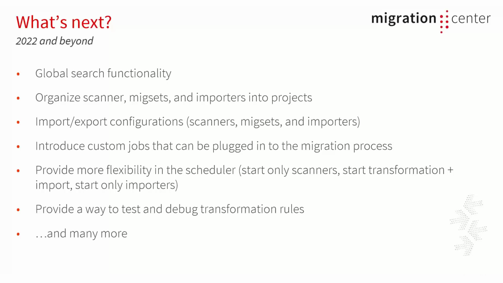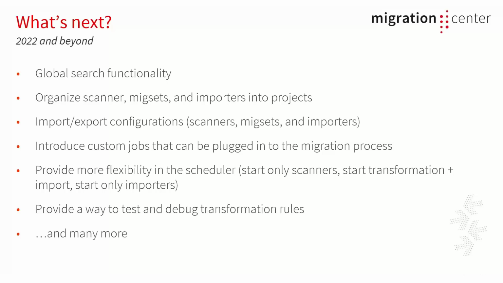We will also introduce custom jobs that can be plugged into the migration process. Custom job means, for example, post-processing adapters, any kind of processing that cannot be done by a standard scanner or importer.